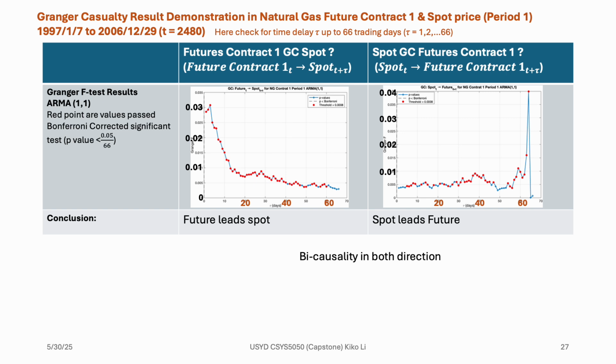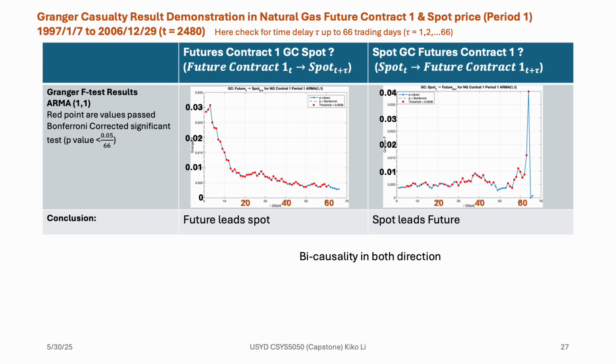This is one example result for natural gas spot price with the natural gas future contract 1 in period 1. We check tau from 1 to 16 trading days. The left plot is future to spot, whereas the right plot is spot to future. The results in red mean significant.